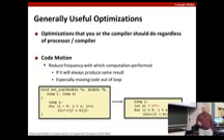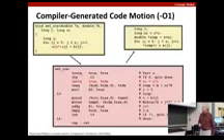Compilers will generally do this when they can detect an array access, if you set an optimization level of 1 or higher in GCC.